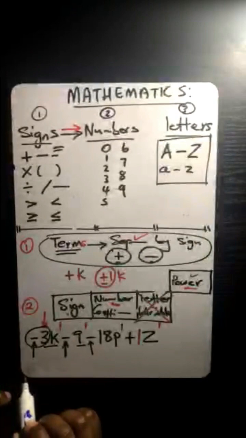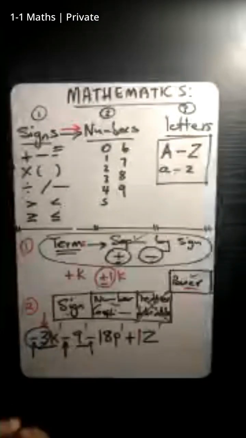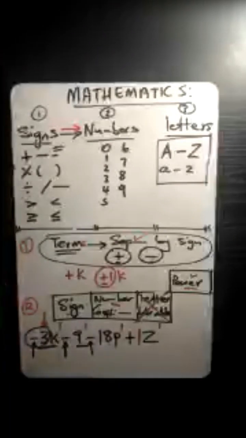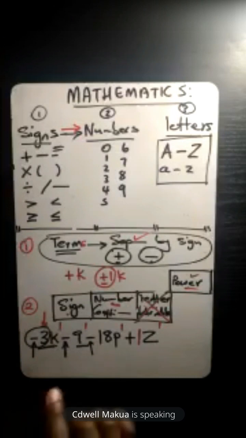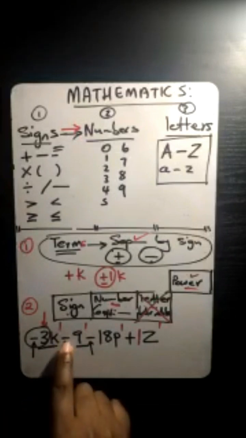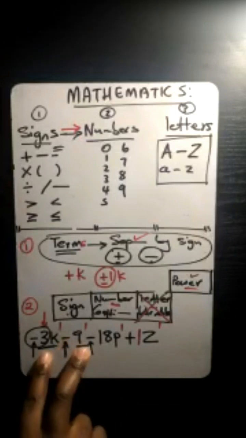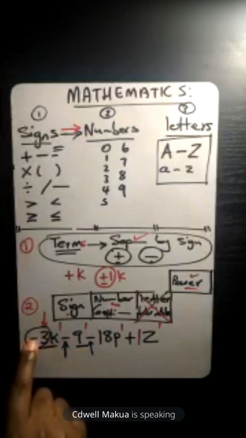But because this one is between two terms, it is called a minus. We call it minus because it's between 3K and 9. But this one is a negative and not a minus. Negative. Yeah, I get it.